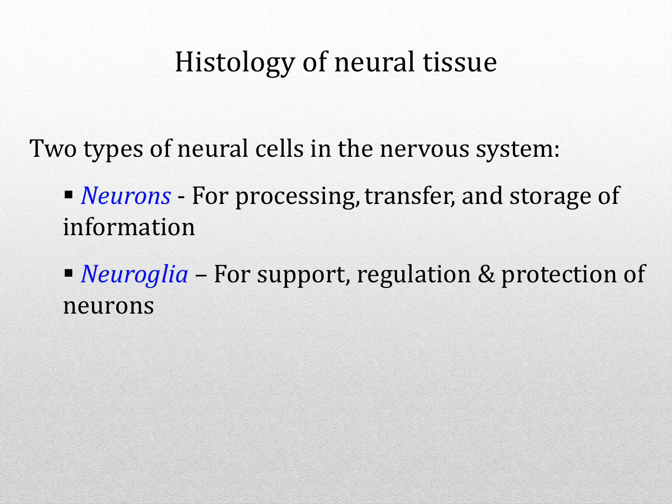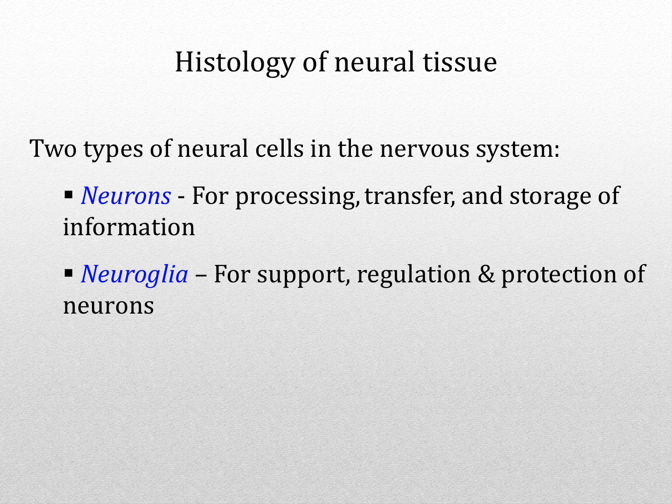So let's take a look at the histology of neural tissue. There are two types of neural cells in the nervous system: the neurons and what's called the neuroglia. The neurons are the functional cells of the nervous system. They are used for processing, transfer, and the storage of information.